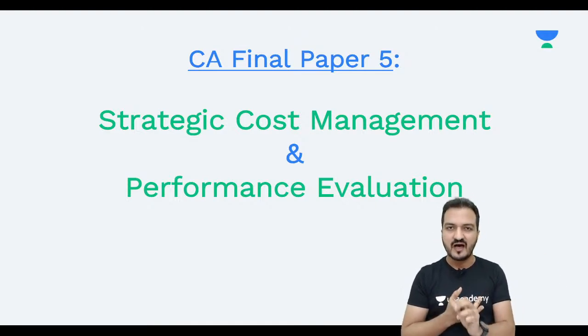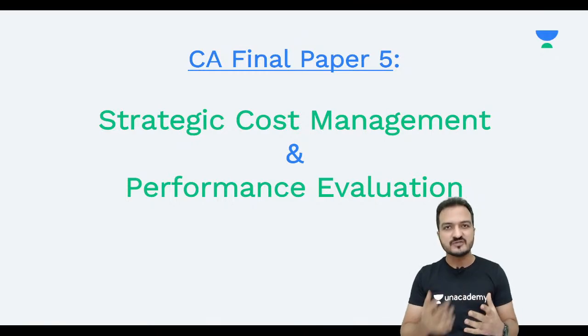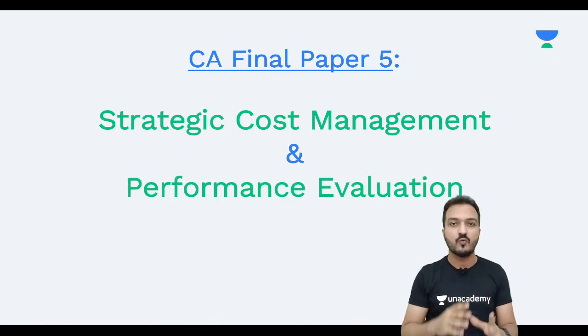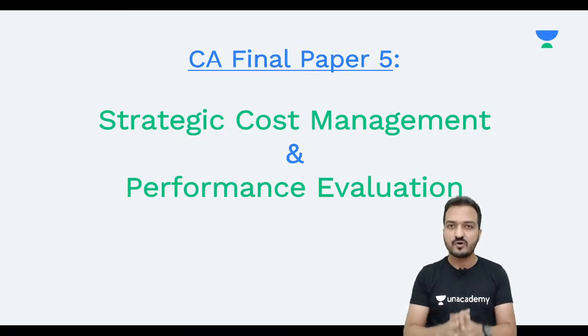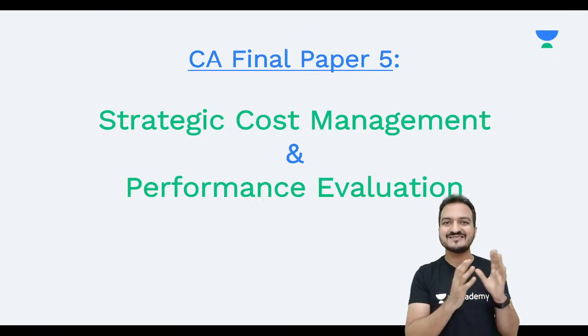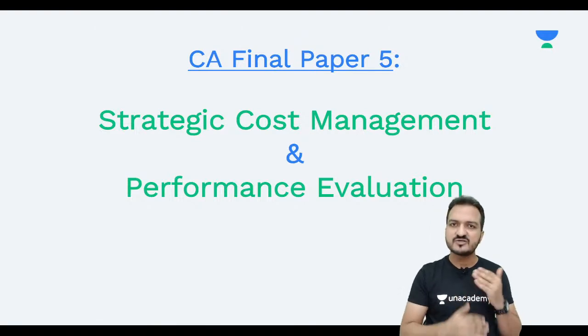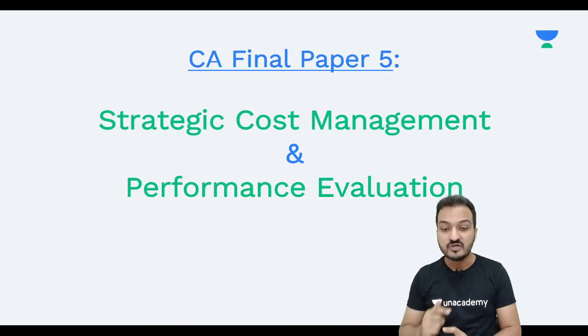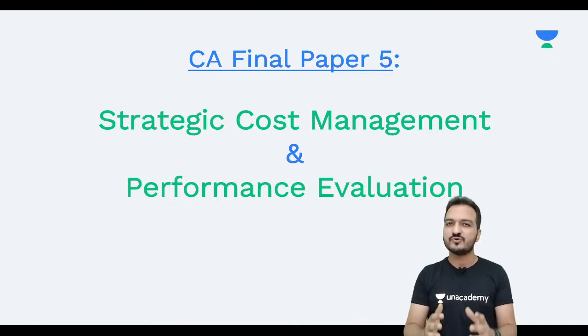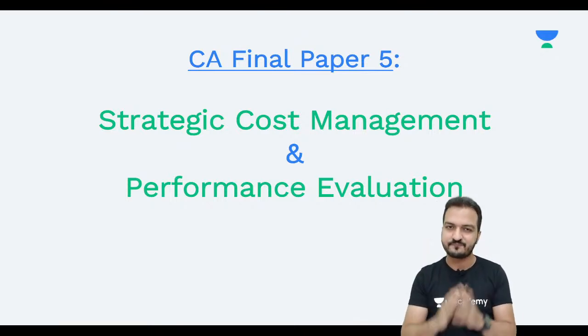Number two, I will be telling you how you are supposed to go about this subject, what should be the student's approach to this subject. Because the costing subject at CA inter level is very much different from the costing subject at CA final level, so your approach over here is going to be very much different.